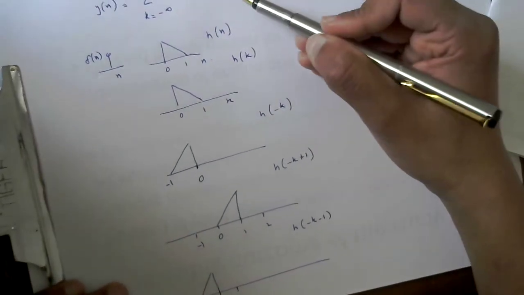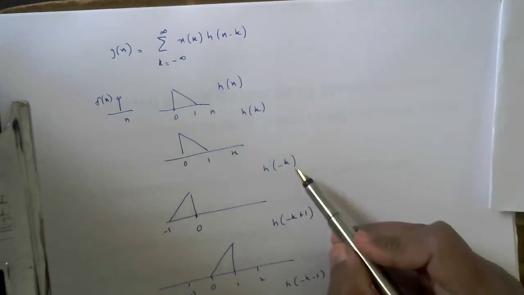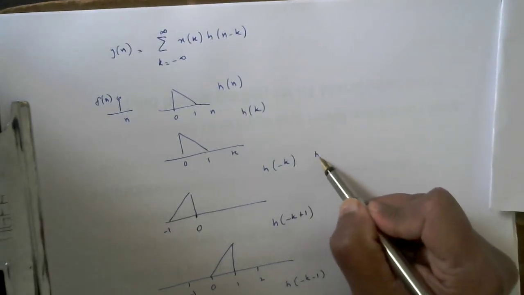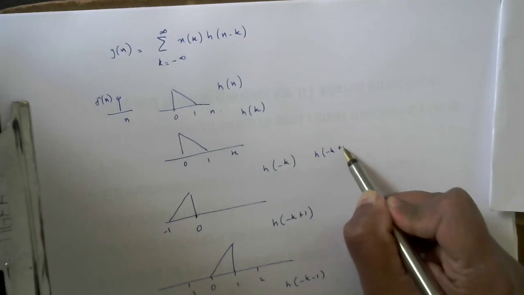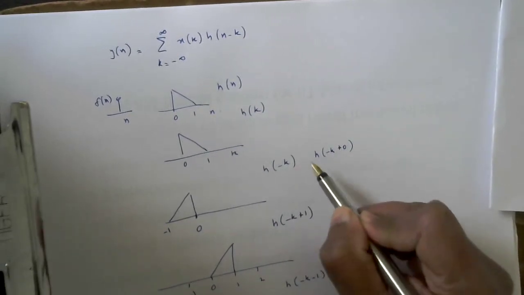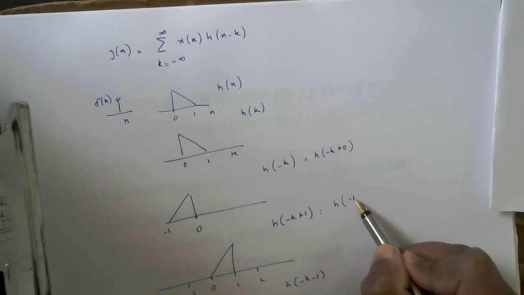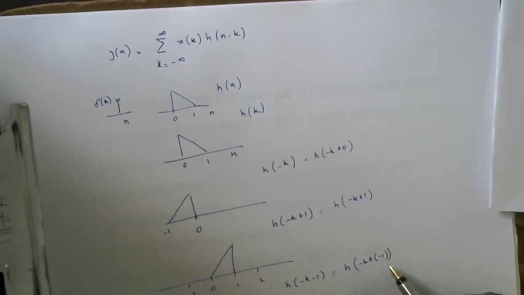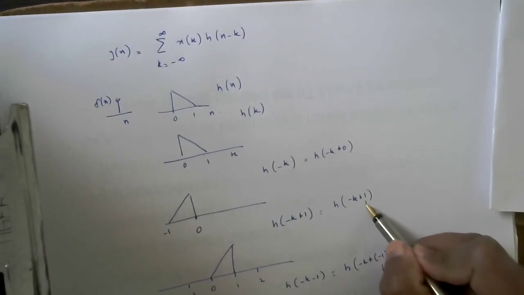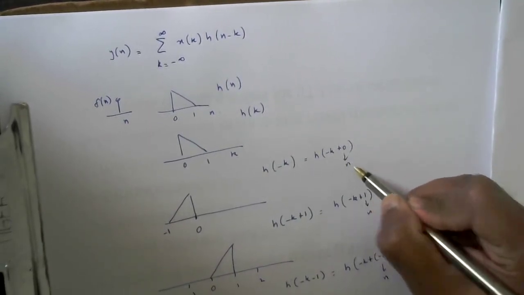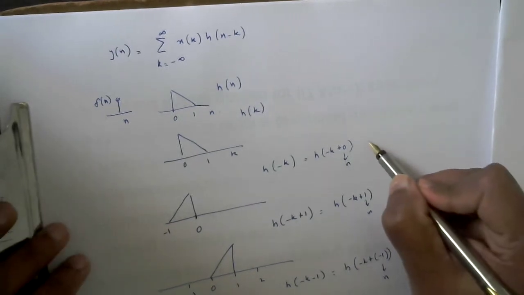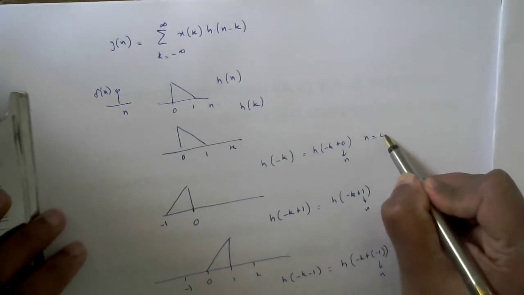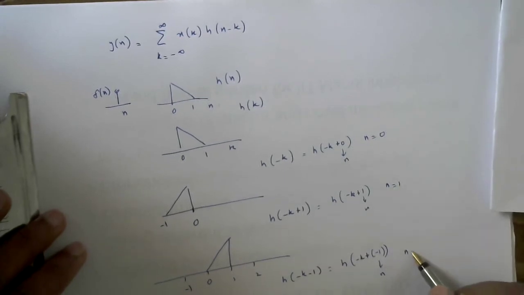So here if you see this expression, n minus k, this is my minus k, this is nothing but h of minus k plus 0, and this is same as h of minus k plus 1. Yeah, sorry, this is also h of minus k plus minus 1. So this is my n. Okay, so this is when n is equal to 0, this is when n is equal to 1, this is when n is equal to minus 1.